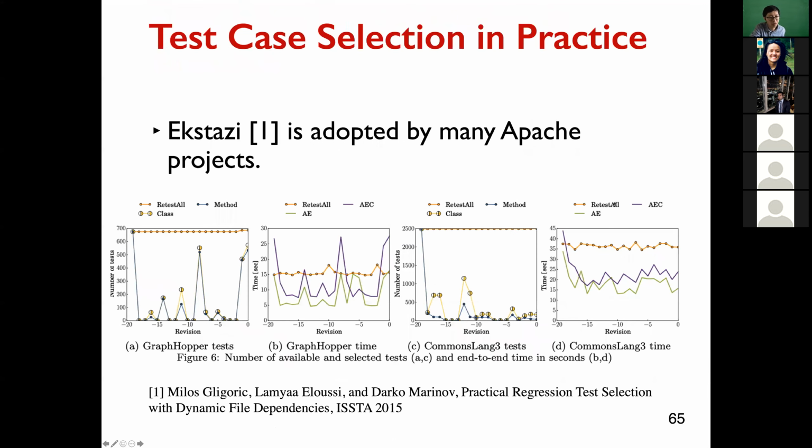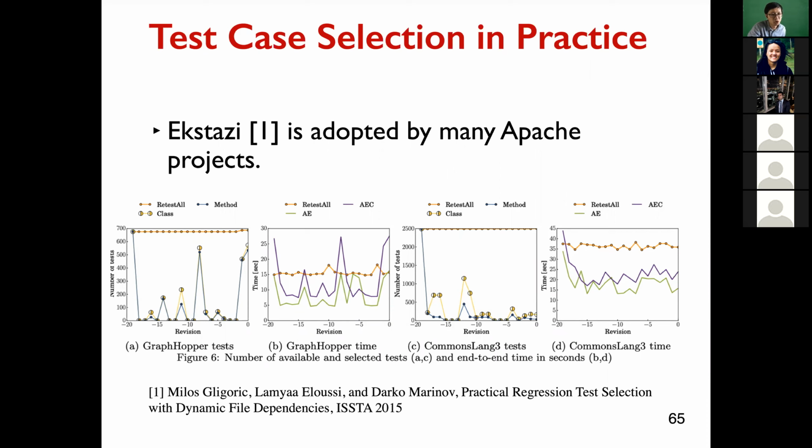This is another approach. It's adopted by many Apache projects, and it uses test case selection. In the previous one, they were using test case prioritization. In test case selection, if you look at these figures, the pink line shows the runtime and the number of tests when you are running all the test cases, right?